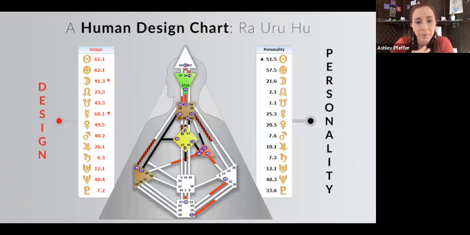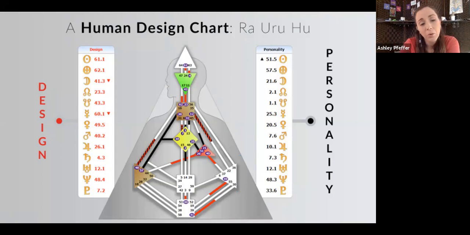So with the chart and these columns that you have, one is personality and one is design. What that means is the personality section is your defined aspects of your personality that you can recognize in yourself and others recognize in you. So this comes out, this is projected out of you a lot.